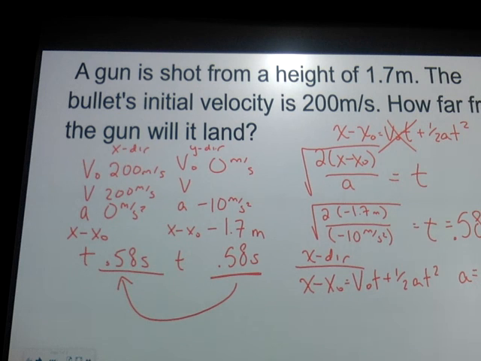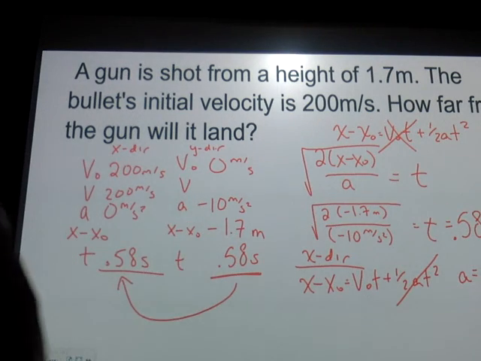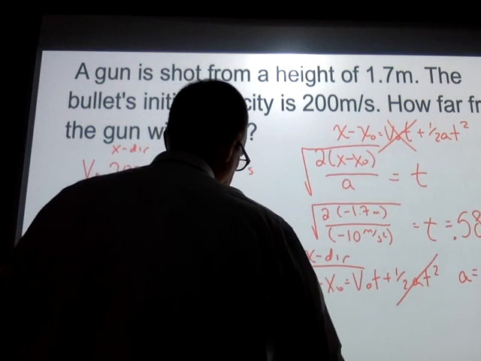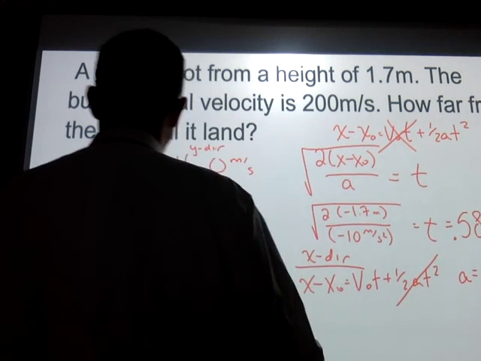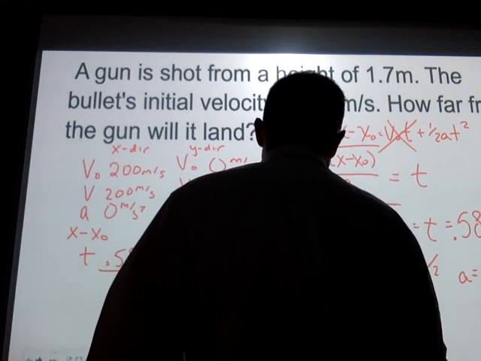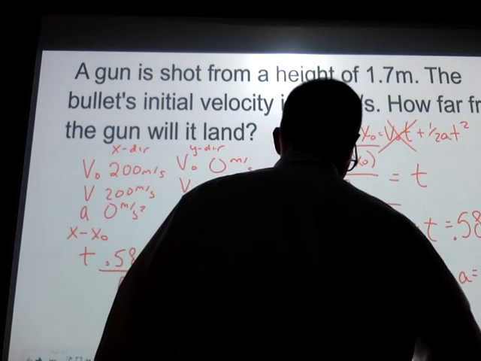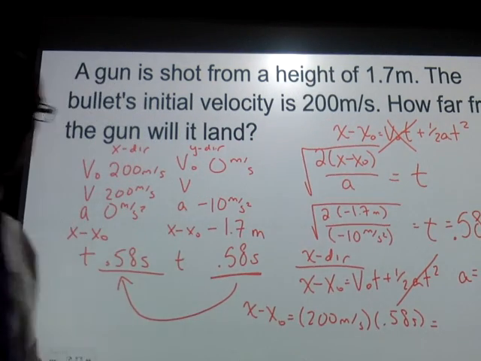We don't know why that is yet, but there's no acceleration in the x direction. So this is going to cancel out. And so then I can just plug in the givens. X minus x naught is equal to 200 times 0.58.